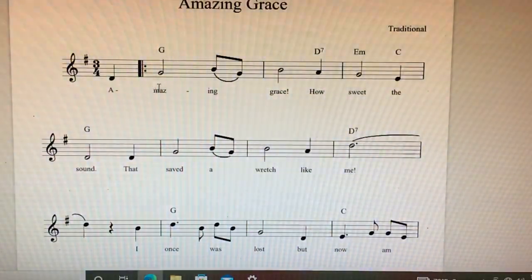And at the same time that the left hand plays a G octave here, the right hand will be playing a G chord kind of in the middle of the piano. And then, since the chord isn't changing yet, we will keep a 3-beat pattern. So we'll play G, G, G, very steady to fill this measure. So left hand's playing a G octave one time, right hand's playing G, G, G.